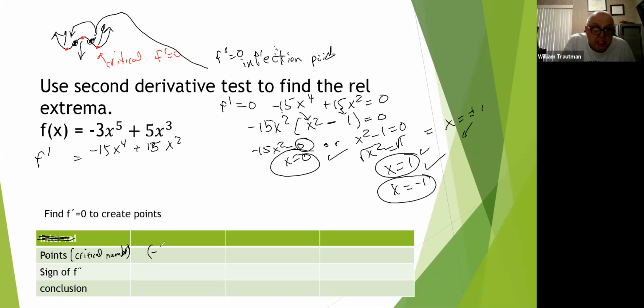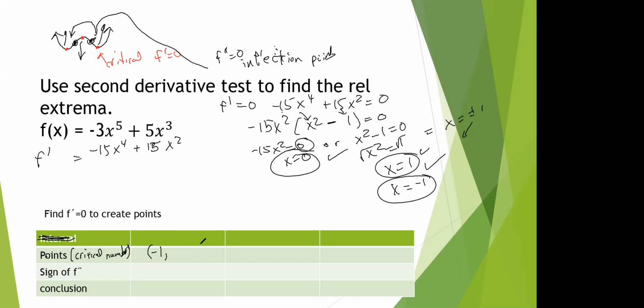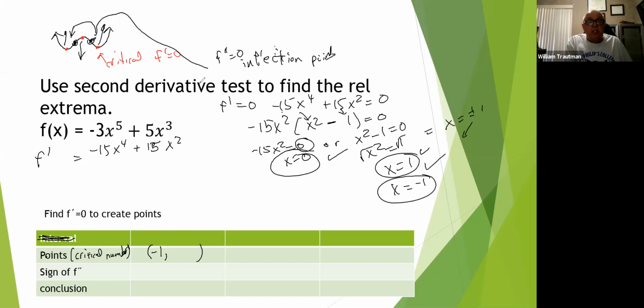Do we have to establish a domain before we move forward? No. The domain is all real numbers. Look at the function. The domain can be anything. So there's the first point. The next point, x is 0. And then the next point here, x is positive 1.